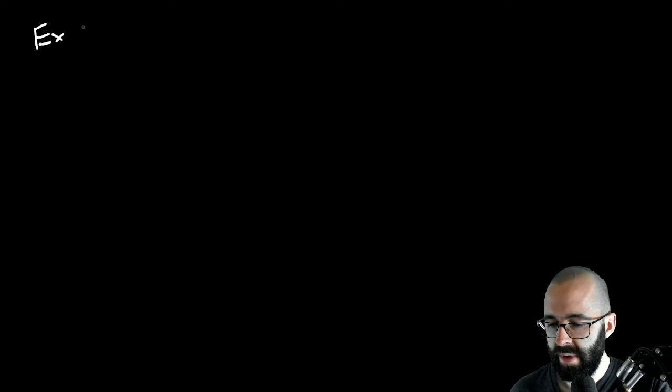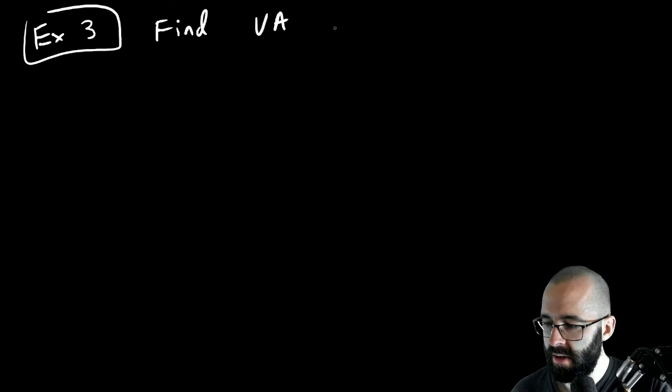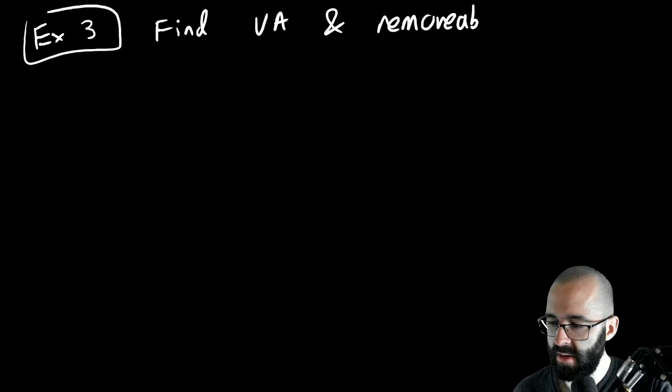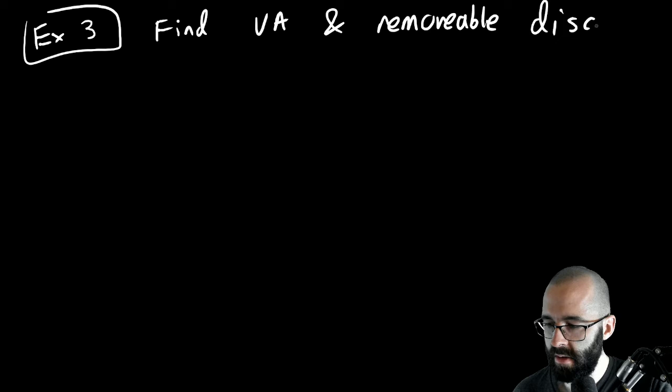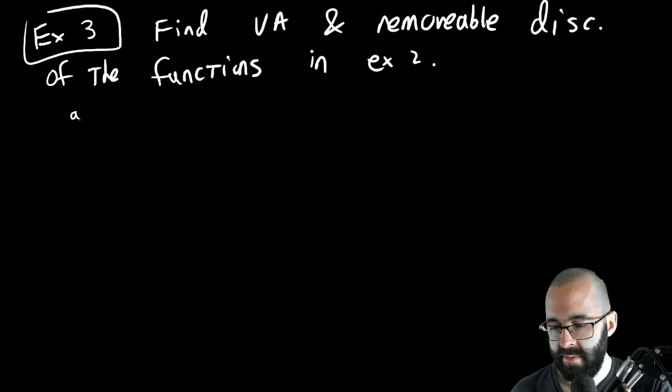Do one last example. Example 3. Find the vertical asymptote and removable discontinuities of the functions in example 2. All right, so that first function, we graphed the first function.